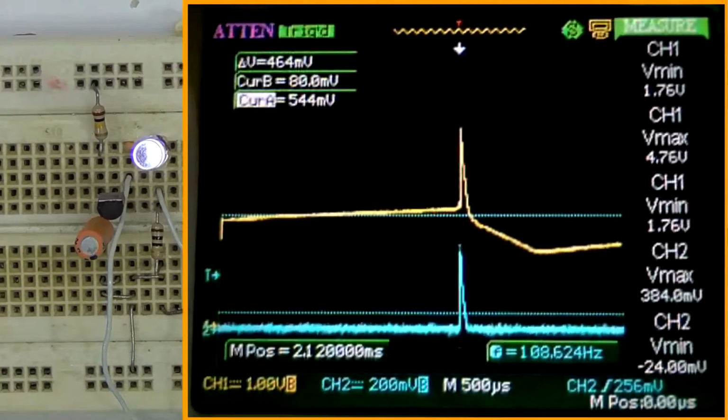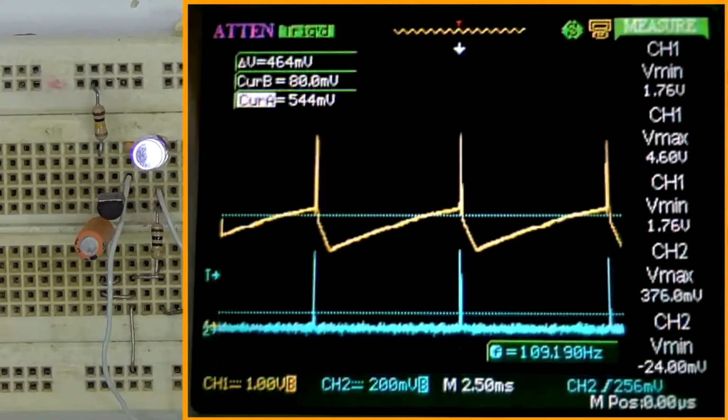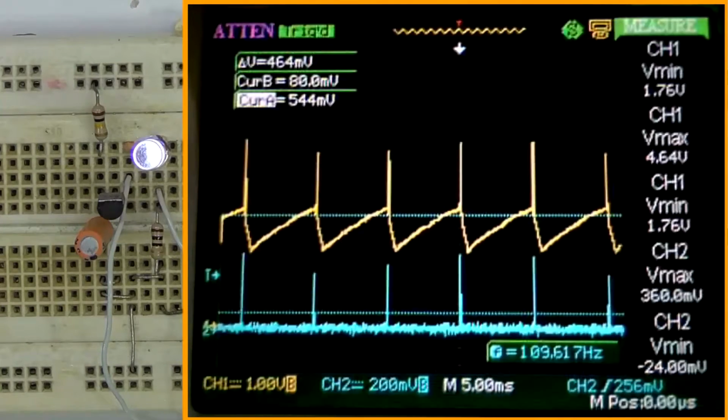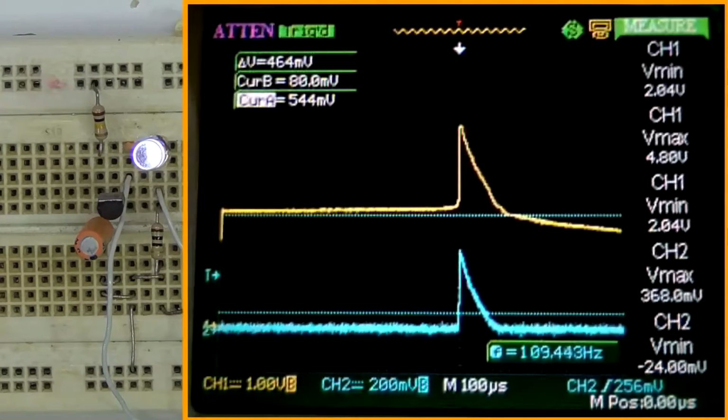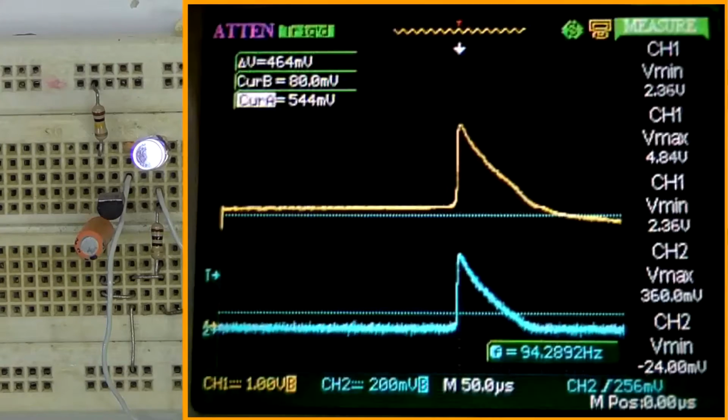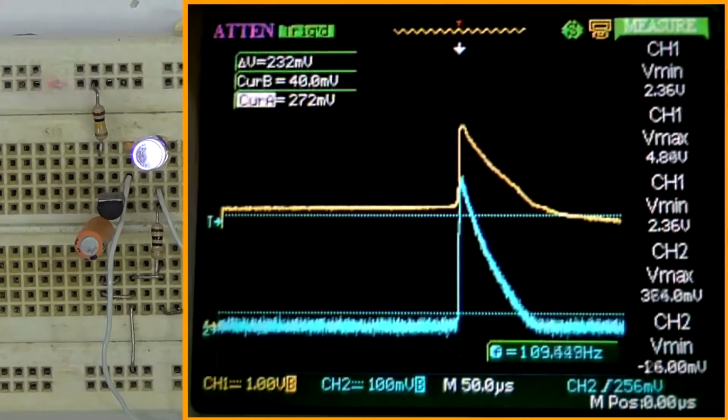Zero that. Yeah, there's certainly not a lot of pulsing going on there. The peaks have to go up one level. Look at that, we've gone down to 100 millivolts.